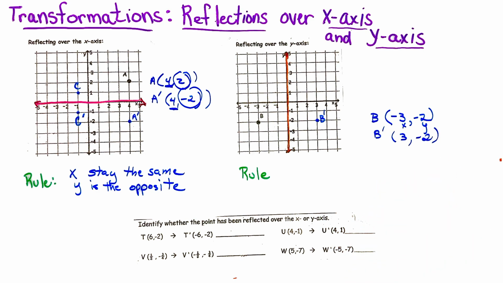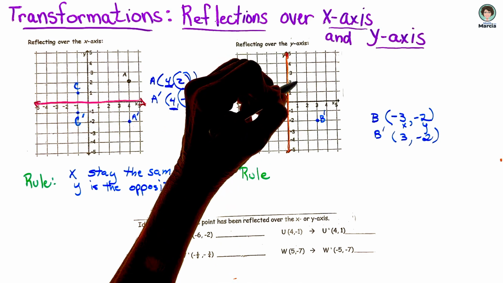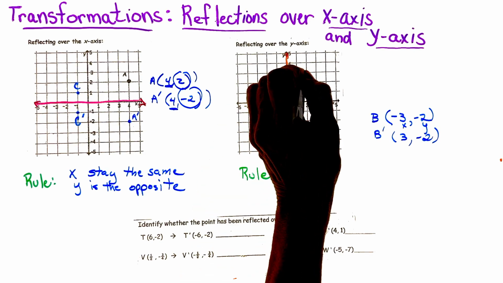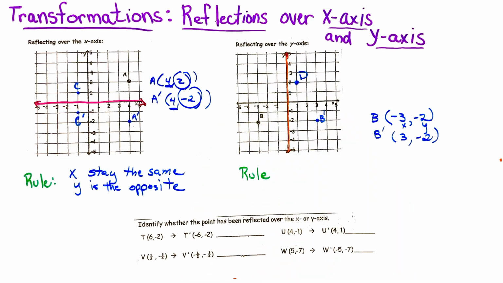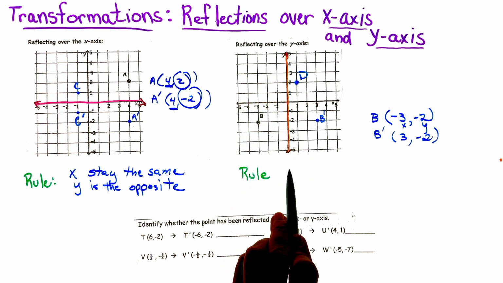Let's check out one more point so we can see the pattern. I'm going to put a point right here and call it point D. We want to make sure D prime, the new point, the reflection, is an equal distance from the y-axis.